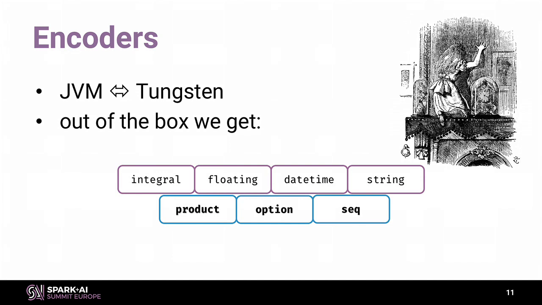We have these primitive types in purple, and a few others, like booleans. And we have these recursive types in blue. Of course, the recursive types can contain recursive types themselves and the primitive types in arbitrary nesting, so you can have a product of an option of a floating point number.